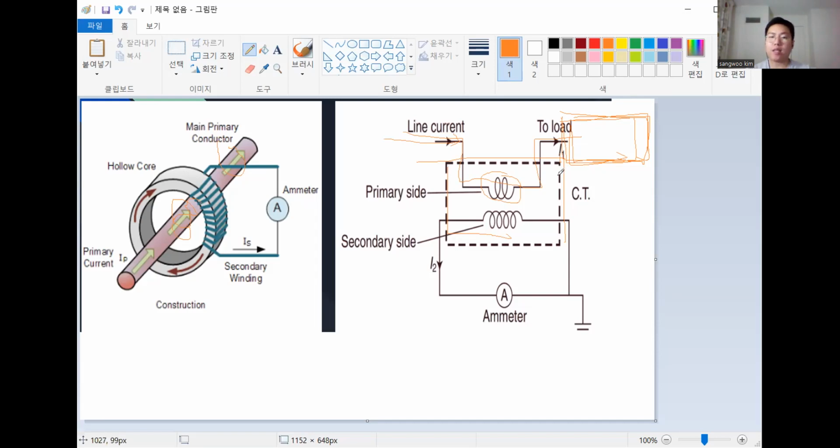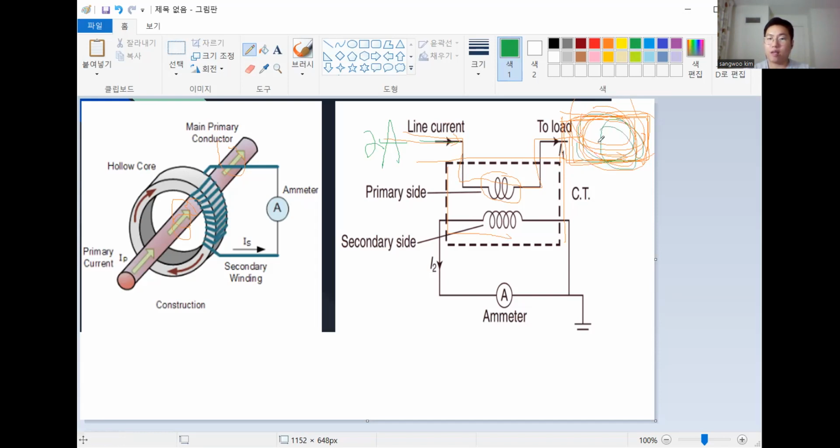So what I want to say is, since the load is on the primary side, the current is affected from the load side. What I mean is, for example, here's 2 amperes coming here, right?